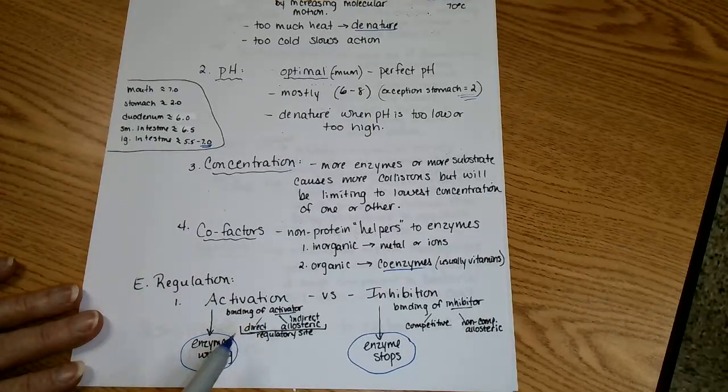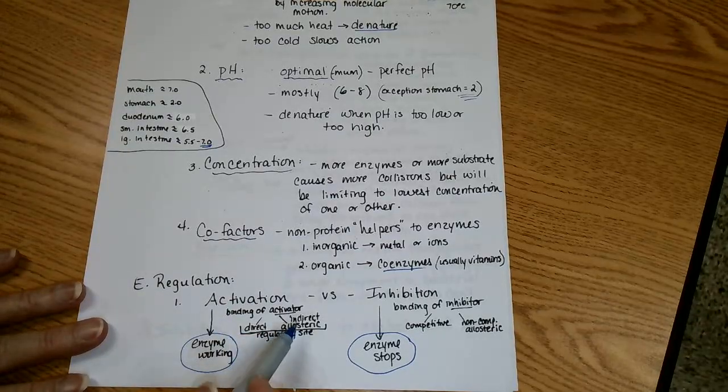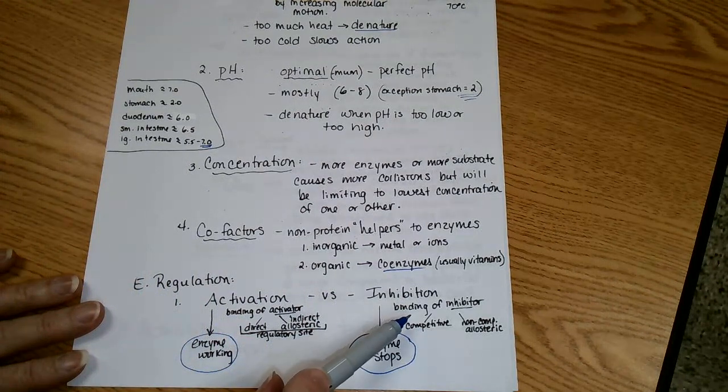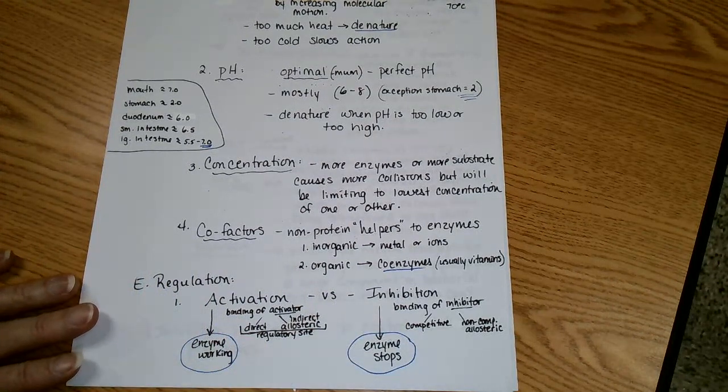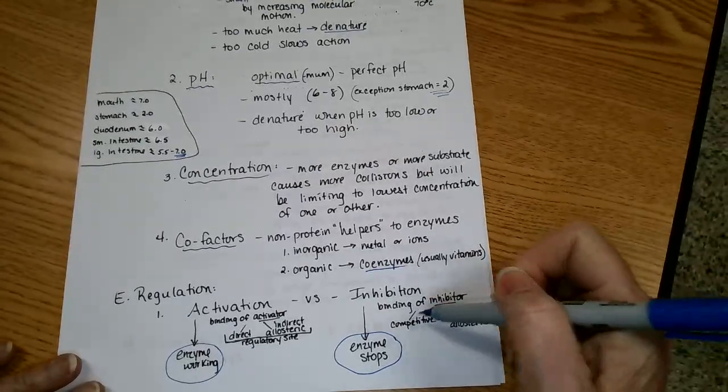So an activator can get into the enzyme and start it up, and it can either directly get into that active site, that's like the key part, right? Or it can indirectly hit another spot, okay? If it's an inhibitor, it can be, and I don't know why they don't just call this direct and indirect also. Direct would be competitive.